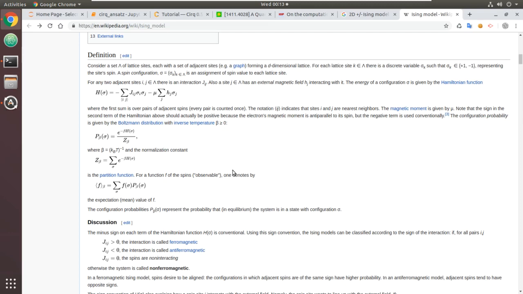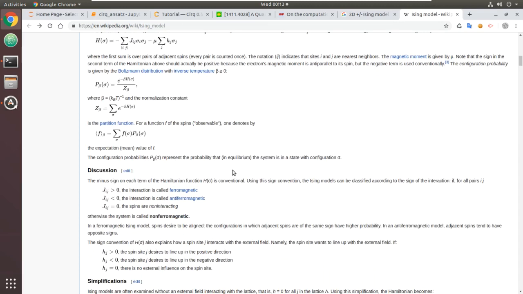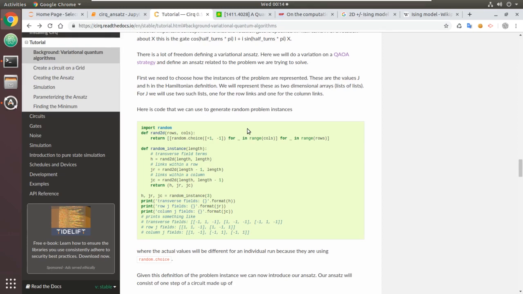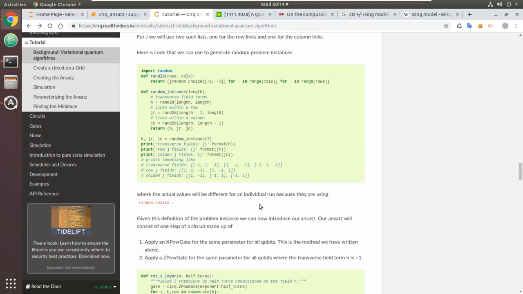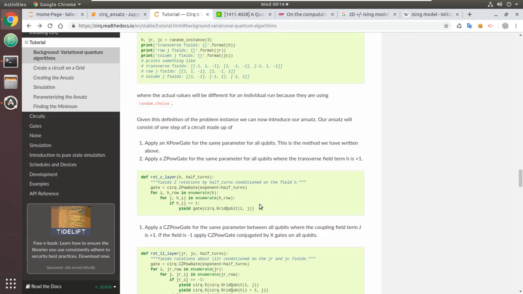Not fully. How is this represented? Then apply an X power gate for the same parameter for all qubits.